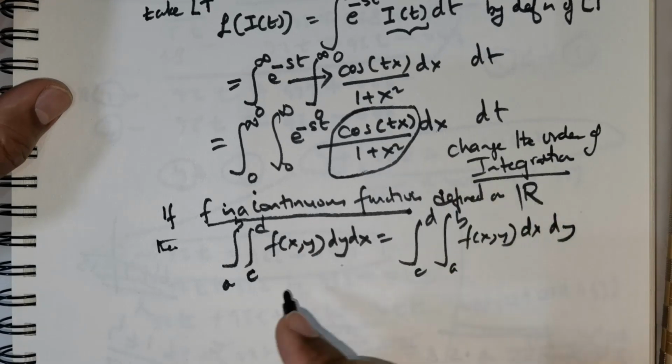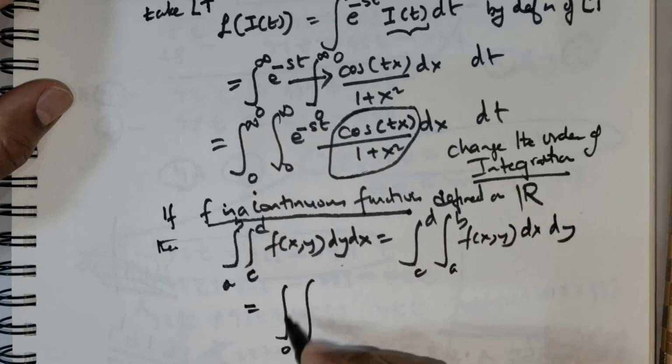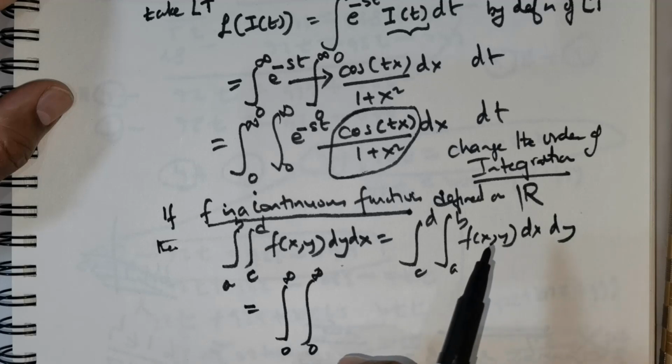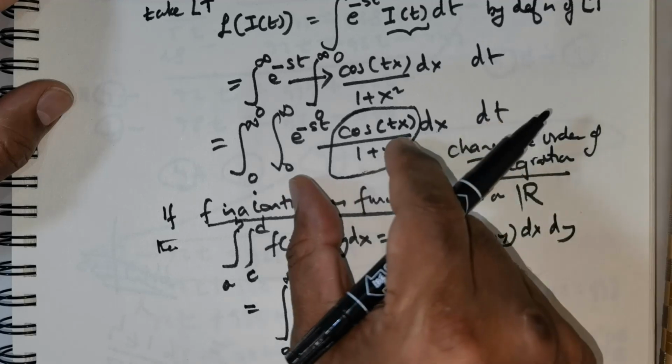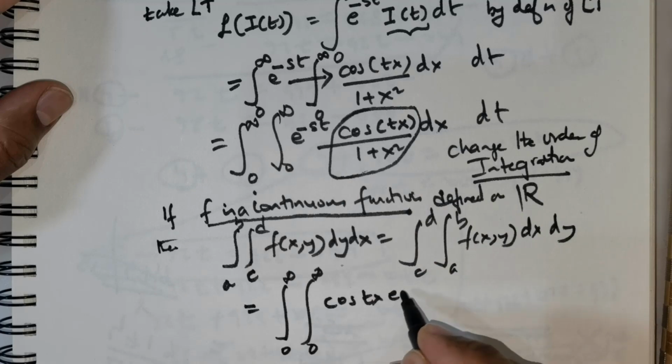So how am I going to change the order? I am going to rewrite this as integral. It doesn't matter. This is integral 0 to infinity. This is also integral 0 to infinity. So just place that. But what we have to do is shift this in this fashion. So cos of tx times, in fact I will have to place e raised to the power of negative st here, multiplied with dt.